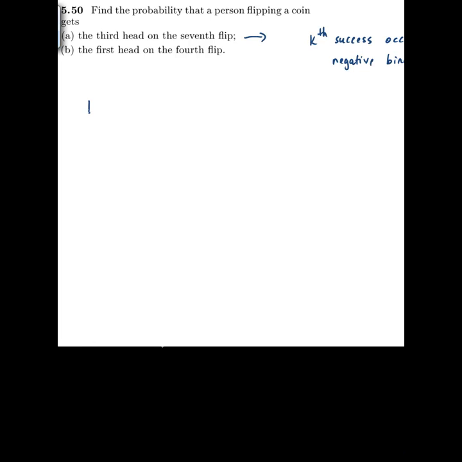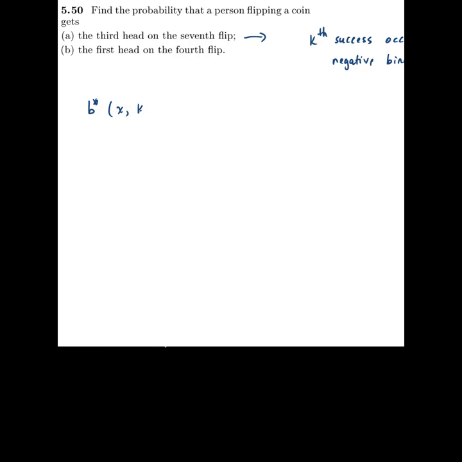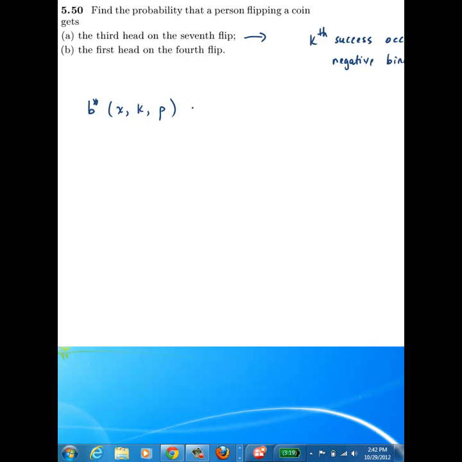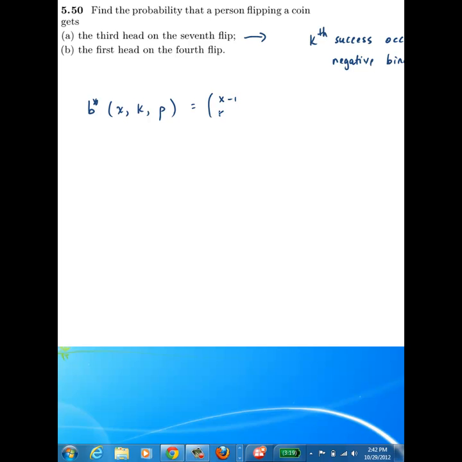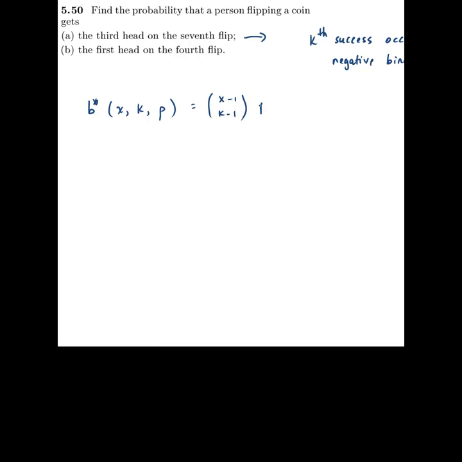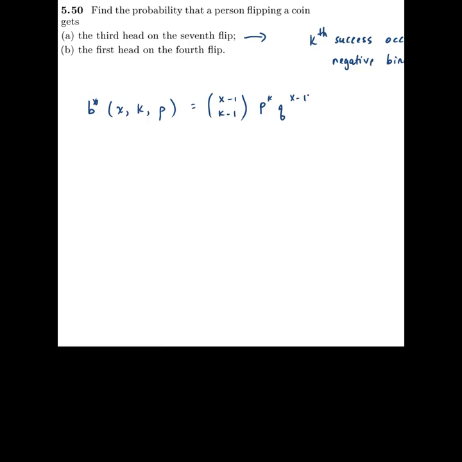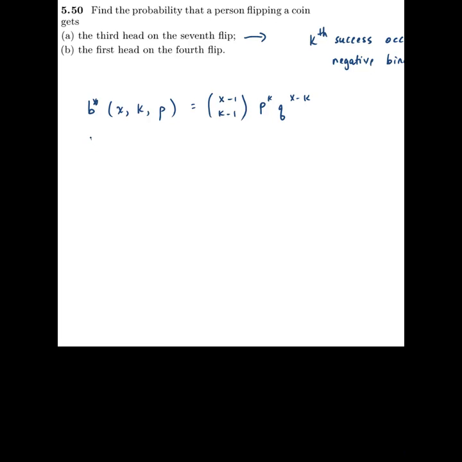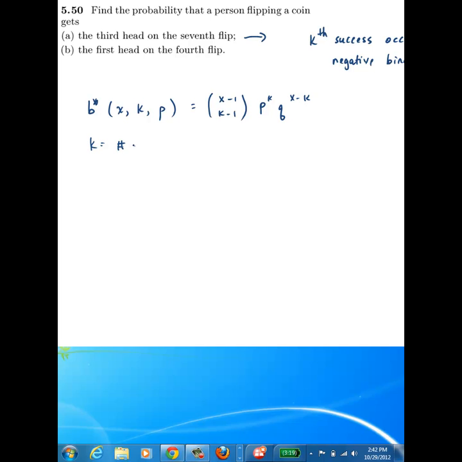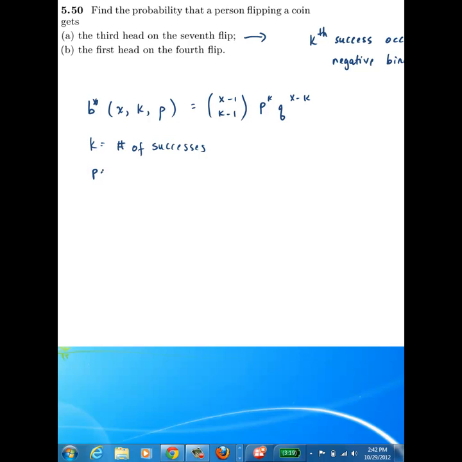So for the negative binomial, we have x, k, and p. And this is equal to x minus 1 choose k minus 1, times p to the power of k, times q to the power of x minus k. Where k is the number of successes and p is the probability.